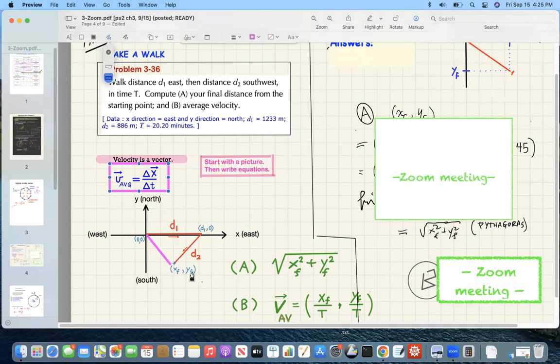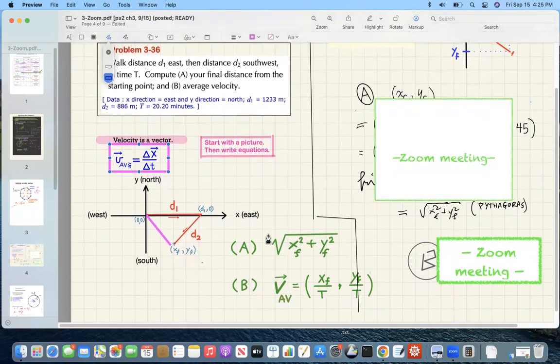So what are xf and yf? Well, VXF will be the change in the x coordinate divided by t. And VYF is the change in the y coordinate, that's this, divided by t.